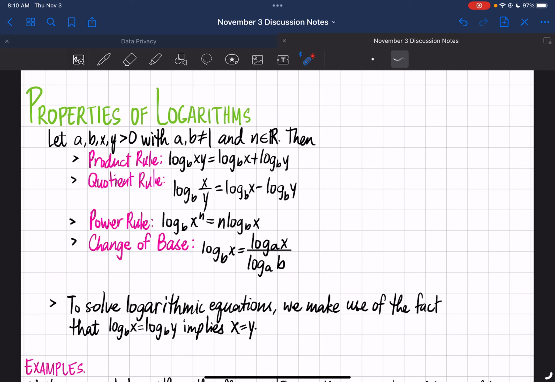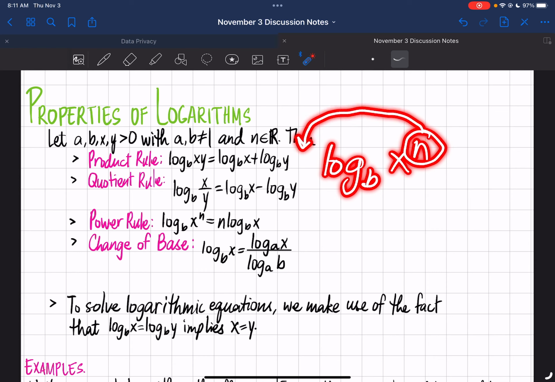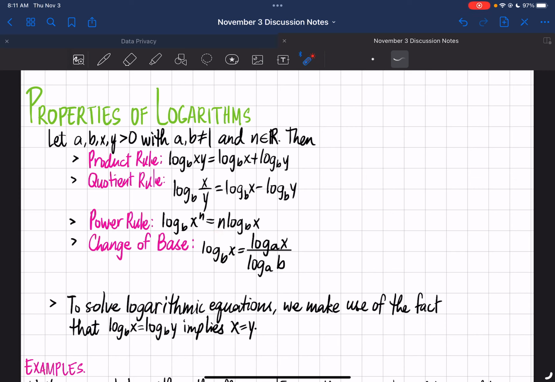So ang nangyari dito class, yung exponent sa loob, nilalabas mo siya, pero pag nilabas mo siya, magiging multiplication na siya instead of exponentiation. So, if you have log of x raised to n base b, yung n, ilalabas mo, tapos ibababa mo siya, so magiging n multiplied by log of x base b.